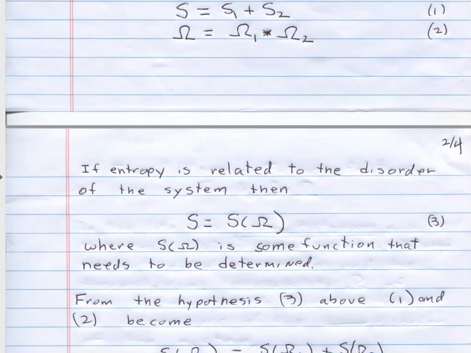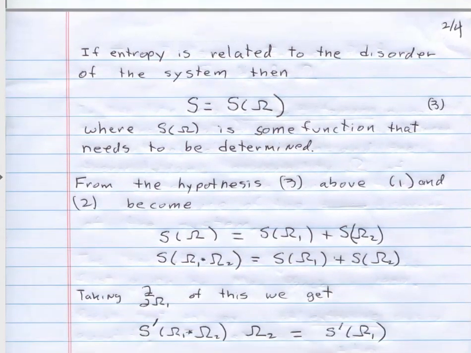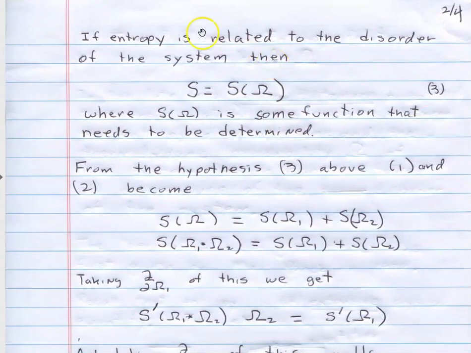Provided we use the following assumption, and that's really where the genius of Boltzmann came into play. He had been led through a series of studies to conclude that the entropy is related to the disorder of the system. And the disorder of the system is related to the number of possible ways it can be arranged, subject to the conservation of the number of particles and energy and maybe some other things.